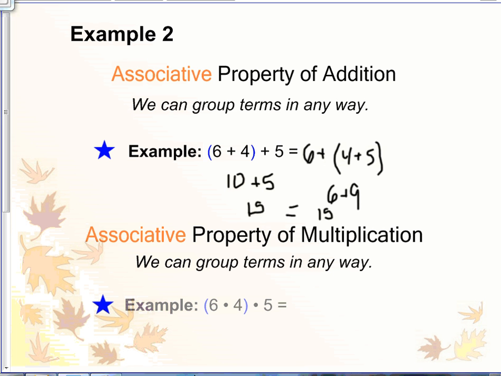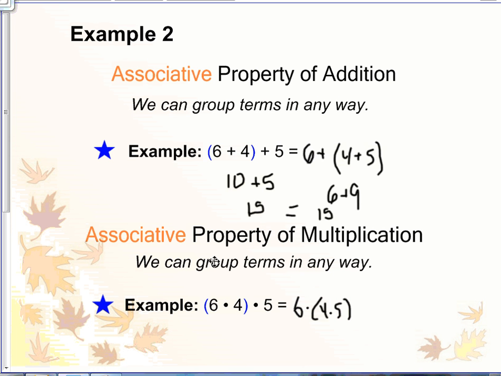All right, instead of adding, we have multiplying. So 6 times quantity 4 times 5. So we could write this as quantity 6 times 4, times 5. Which means 6 times 4 is 24.